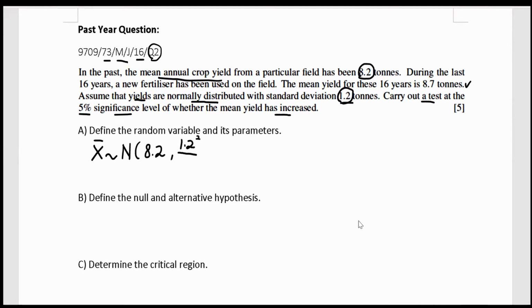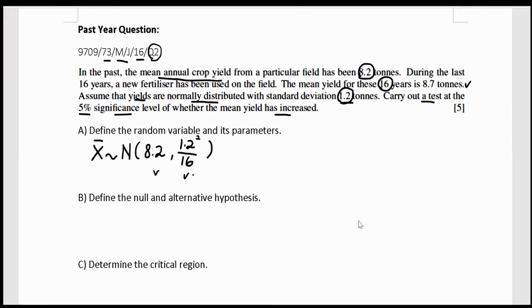And don't forget, this is the sample mean distribution, so we must divide by the sample size, 16, for the mean yield of 16 years. That is the normal distribution, the random variable, and then the parameters, the mean and variance.